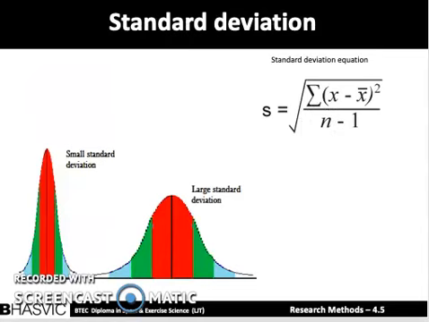Standard deviation. The standard deviation measures the variation of data from the mean value. Using this method, you are attempting to identify how much data is dispersed each side of the mean.